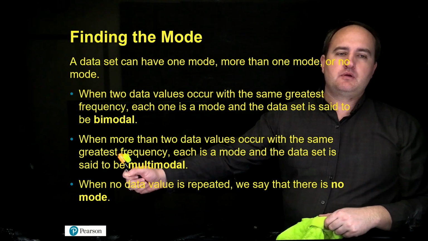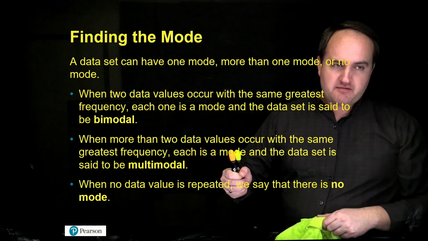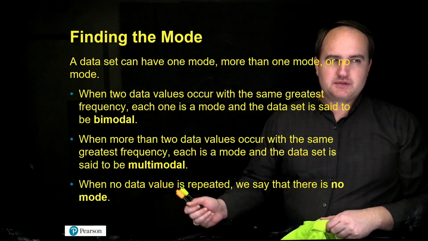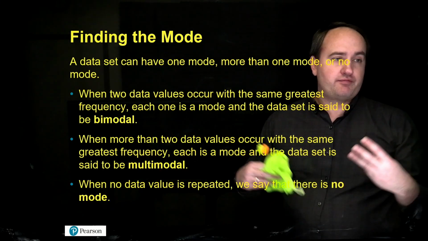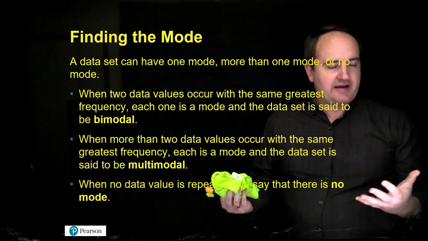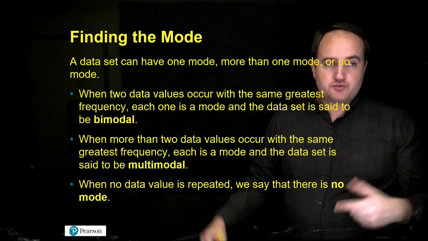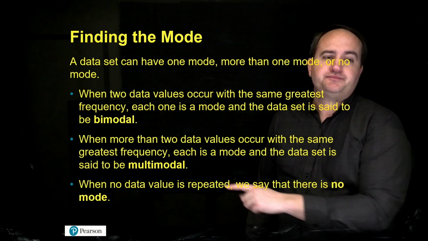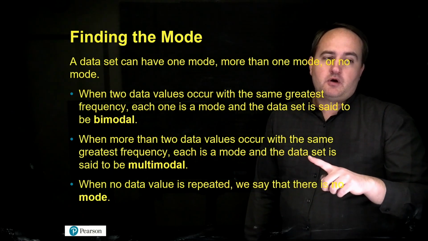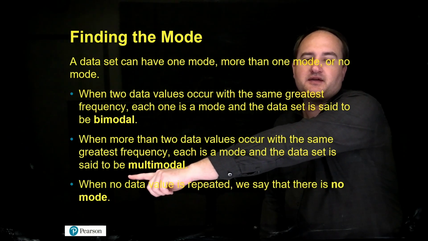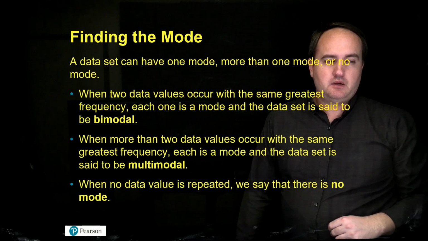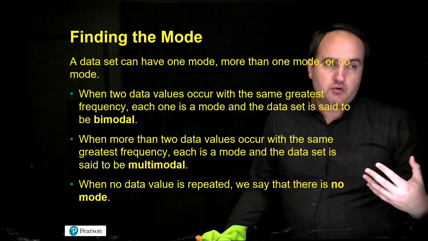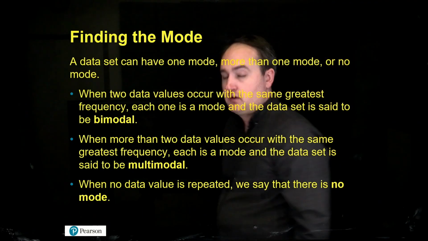Okay, next one. When more than 2 data values occur with the same greatest frequency, we haven't seen this, but you can actually have 3 modes, 4 modes, 5 modes. You can have a lot of modes. Each one is a mode, and the data set is said to be multimodal. So for example, trimodal would be an example of multimodal.